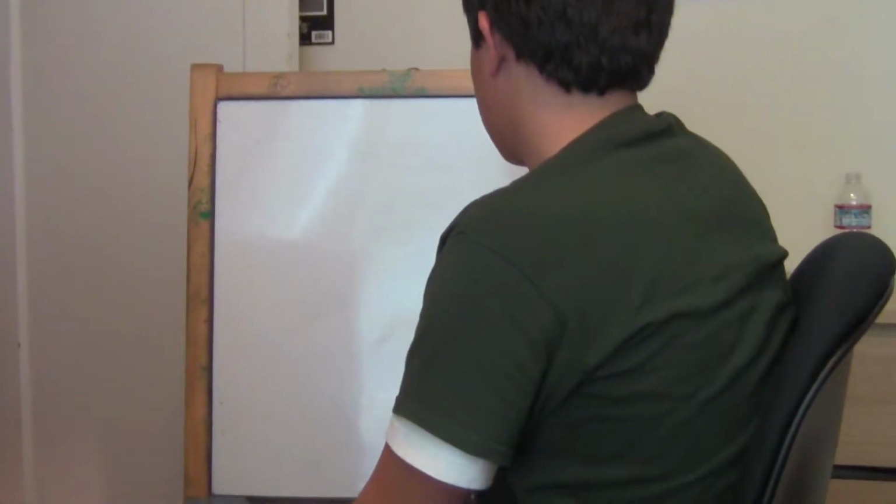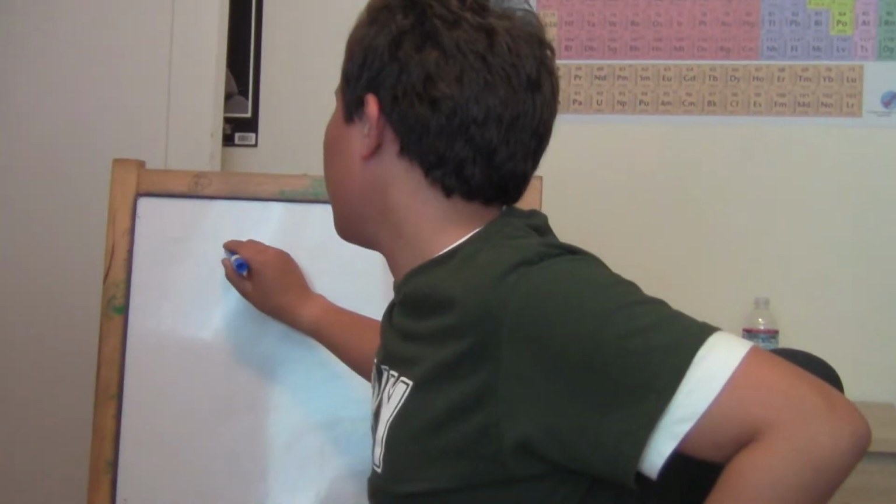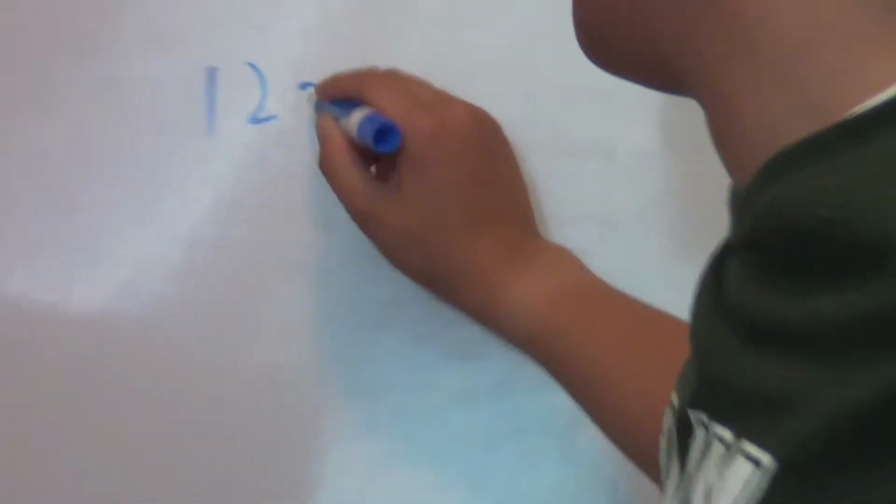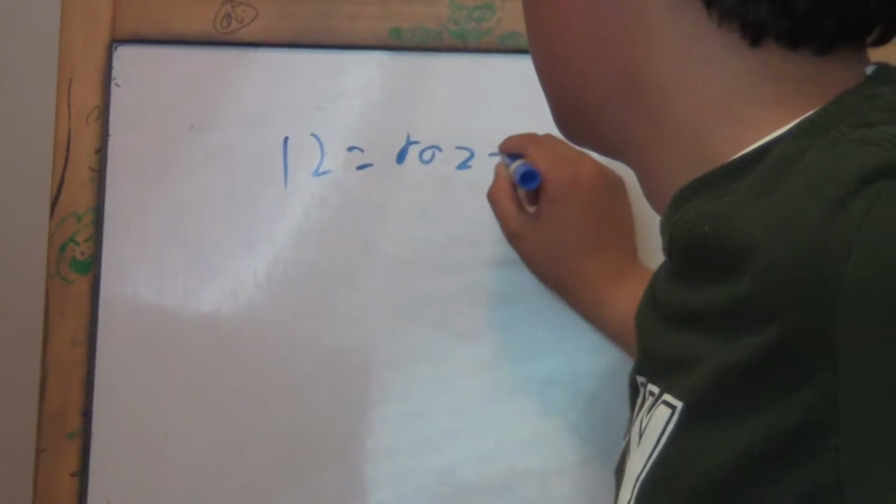Avogadro's number, aka 602 hexillion. But don't let that overwhelm you. It's pretty easy actually, because when you think about it, you know how 12 is a dozen, right?